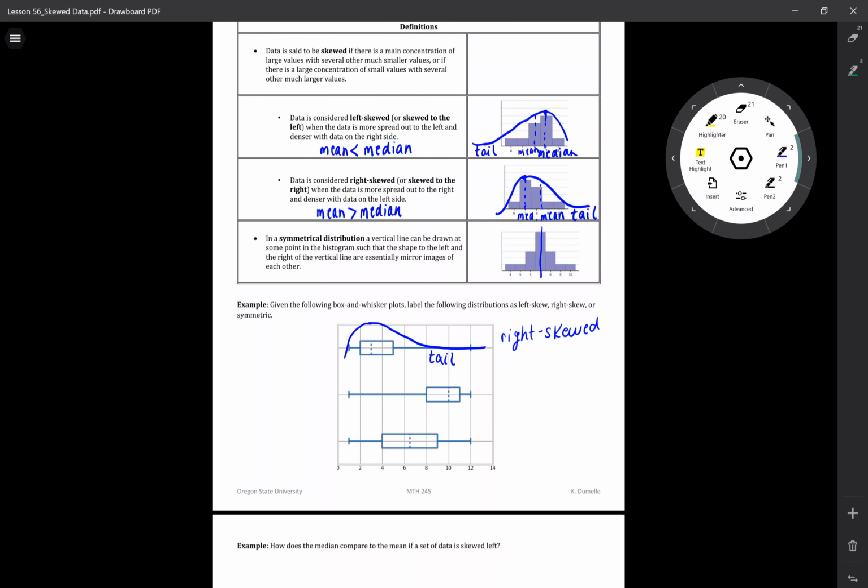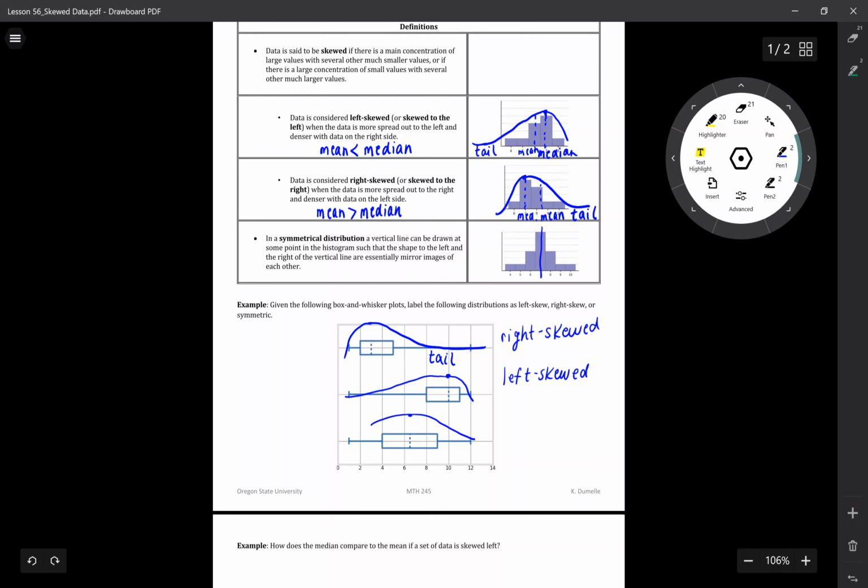And the next one, this is my median. Then I have half of my data there and then a long tail on the left side. So when I have my long tail on the left, that means that I am left skewed. And finally, in this last one, here is our median.